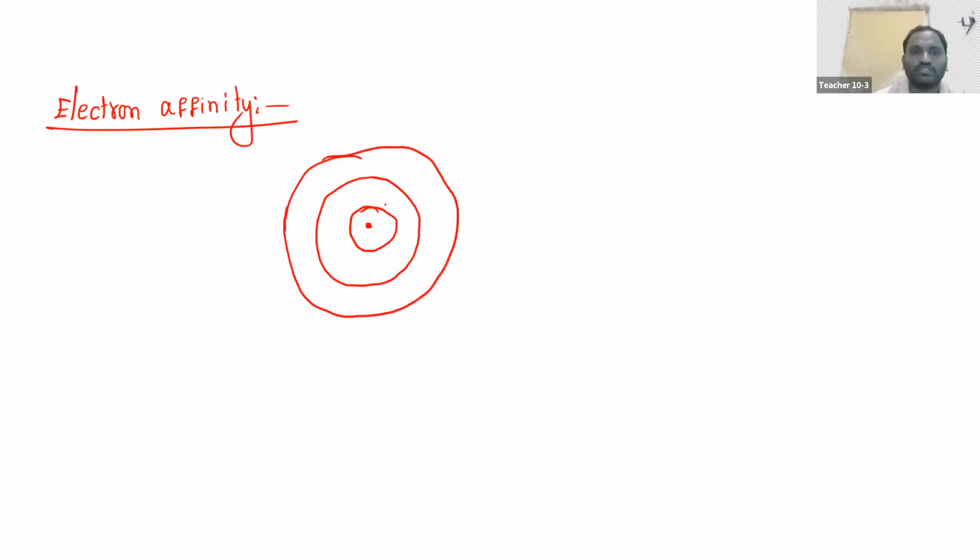See, students, so here, why is energy releasing? Anyone, can you tell? You told energy is released when we add an electron to the neutral atom. Why is energy releasing while adding an electron?